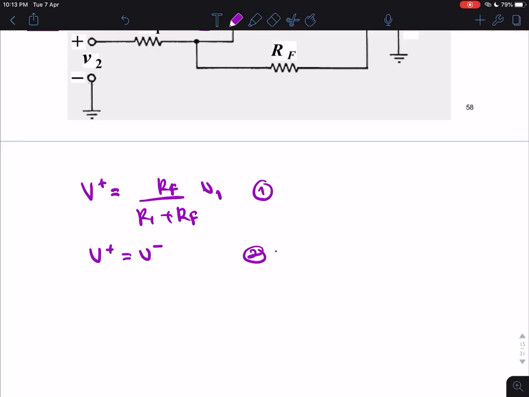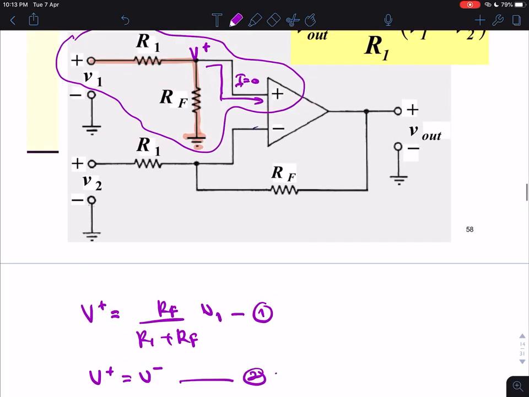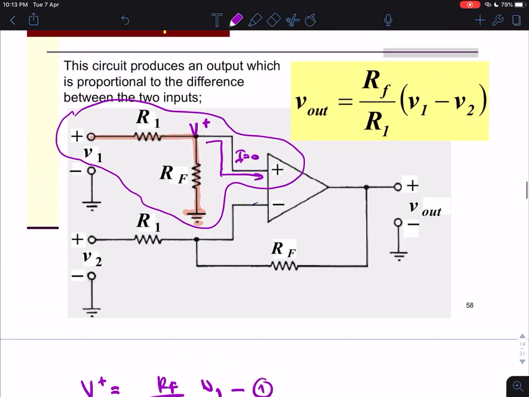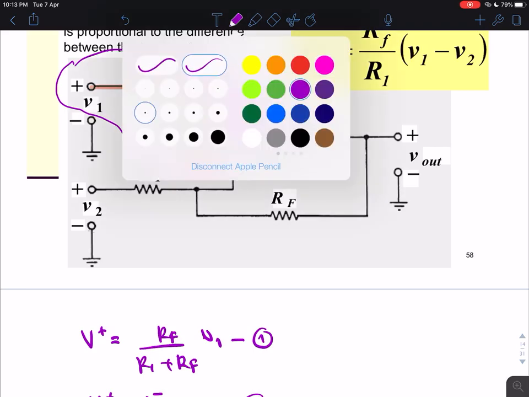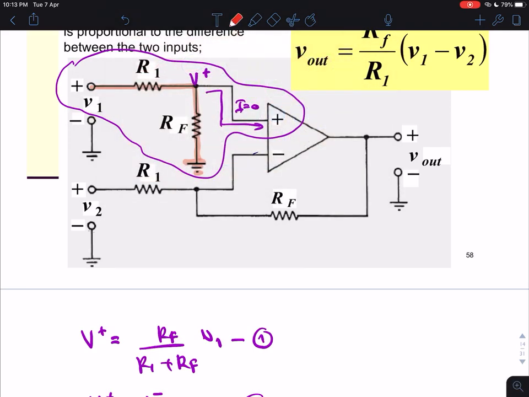Okay, so for the third one we look at the next terminal, which is the inverting terminal. Again there is no current flowing into the op-amp, so I equals 0. So we have here V minus.